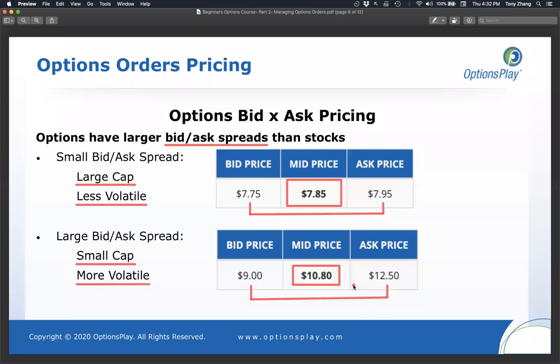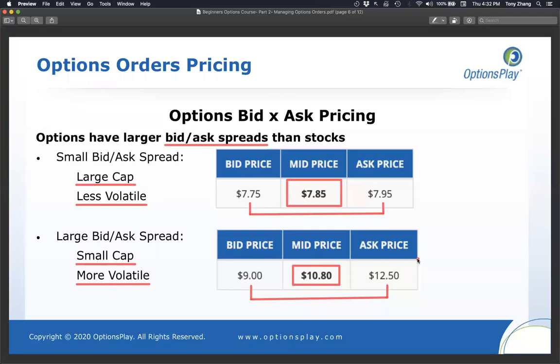So if you're paying 65 cents in fees at your brokerage firm, but you're paying $3.50 per contract on the bid-ask spread, which one's greater? The bid-ask spread is far, far larger of a transaction cost to you than the 65 cents or 30 cents, however much your brokerage charges you per contract. So it's really important to be aware of how large this bid-ask spread is and try to negate it as much as possible.